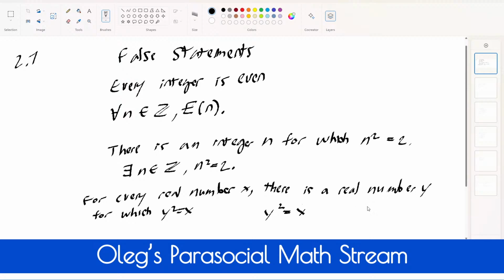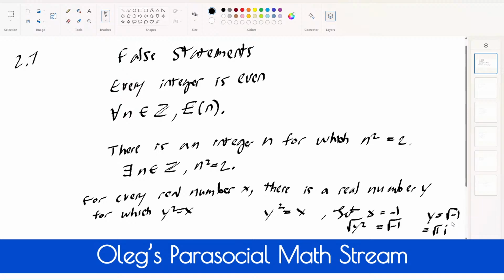Well, let x be equal to -1, and we're going to say y squared equals -1. We're going to root this. Root y squared is equal to root -1. And you can't do that because this is equal to the square root of 1 times i, and the square root of 1 is 1, as I recall.